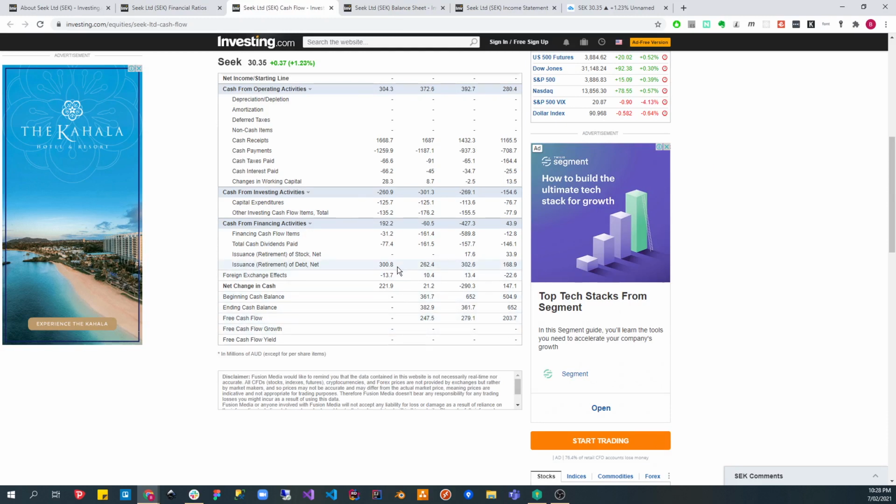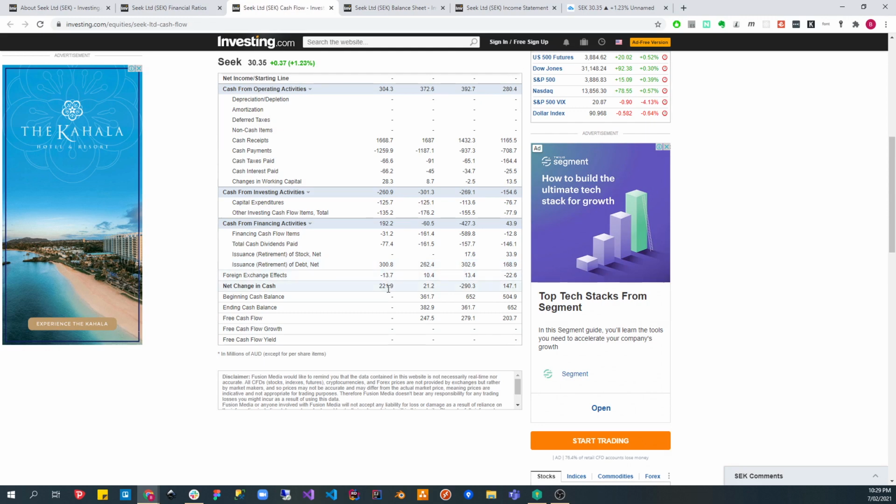Financing activity. So it's borrowing a little bit of money in 2020. That could be a good time to borrow money, since the RBA, the Reserve Bank of Australia, really wants to keep the Australian dollar down and increase economic activity. So they're keeping the interest rate quite low, and it's cheap money, and it's probably a good time to borrow money rather than issuance of stock and stuff like that.